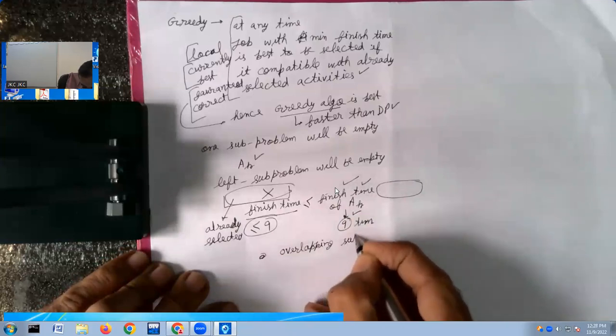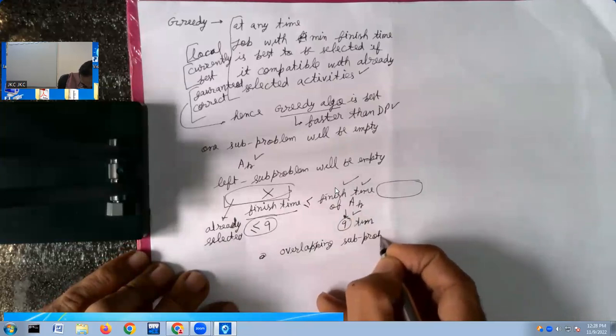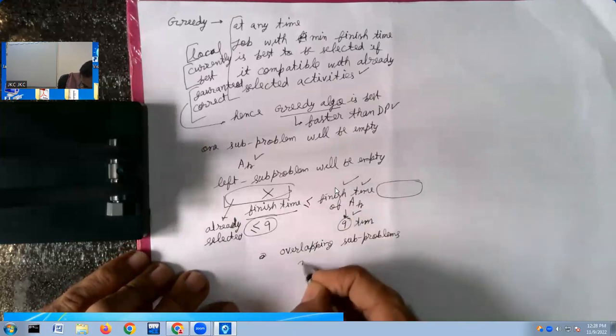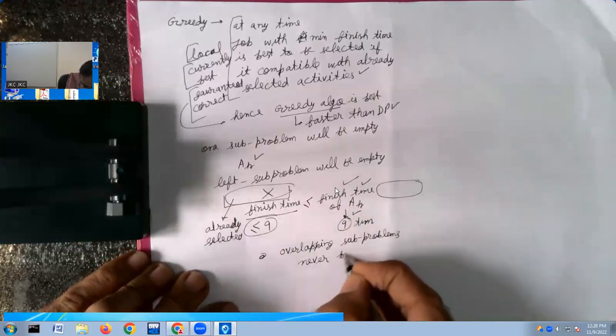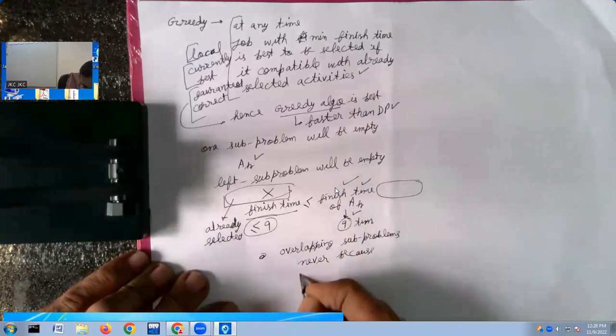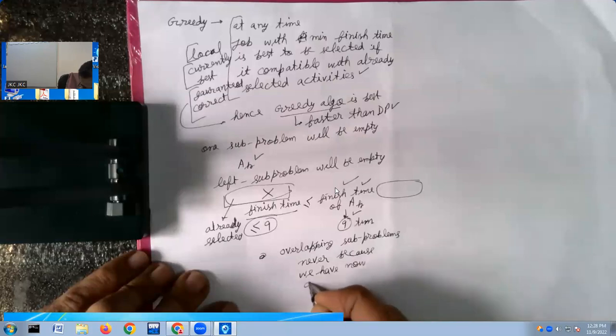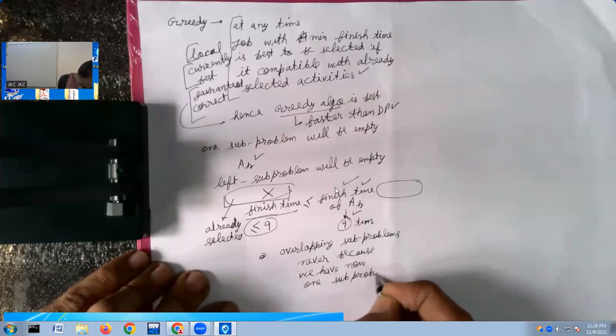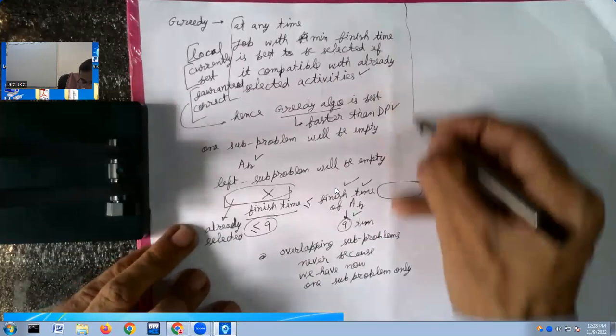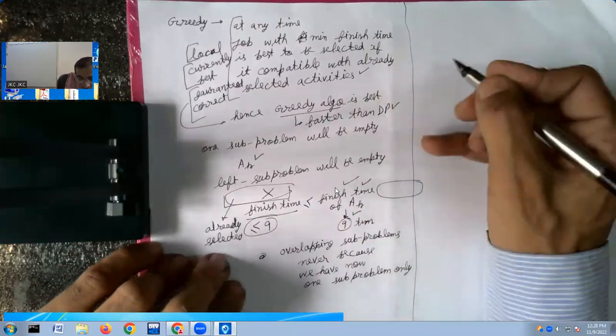Overlapping sub-problems will never come, and hence the DP issues are over. Because there is only a single sub-problem, based on that logic, things become easy and I can easily implement it that way.